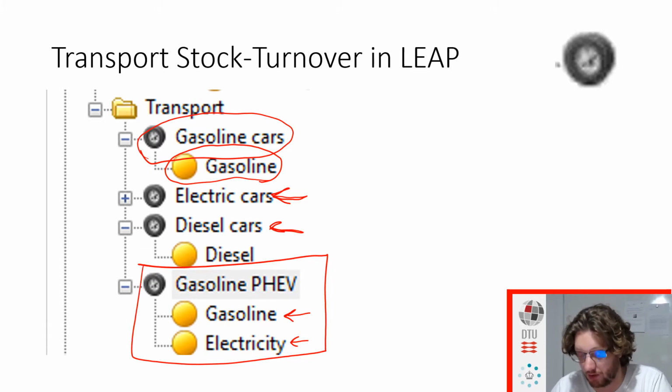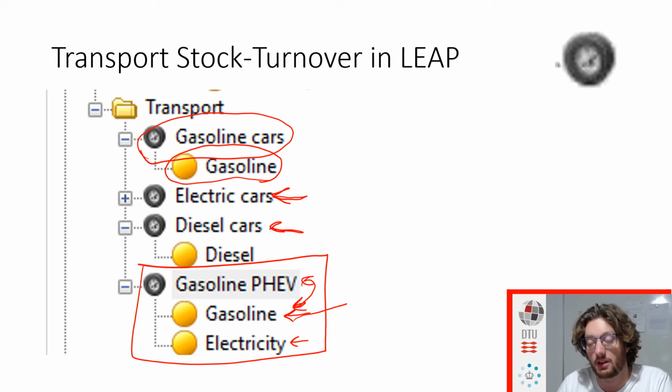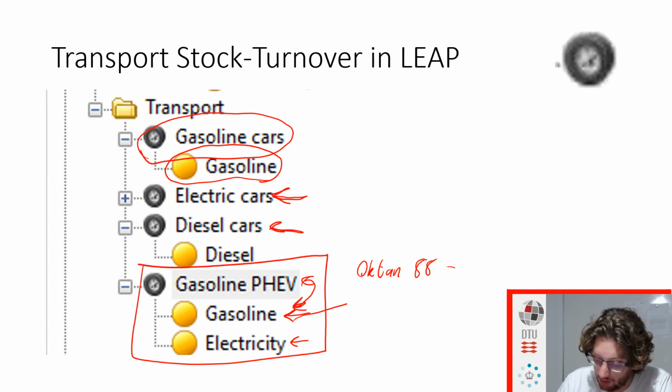The other thing we can do, which is quite brilliant, is that gasoline, as we see, can change over time, because the technology and the fuel have been separated in this method. That means this gasoline, for instance, could go from octane 88 towards octane 100, or maybe even more.